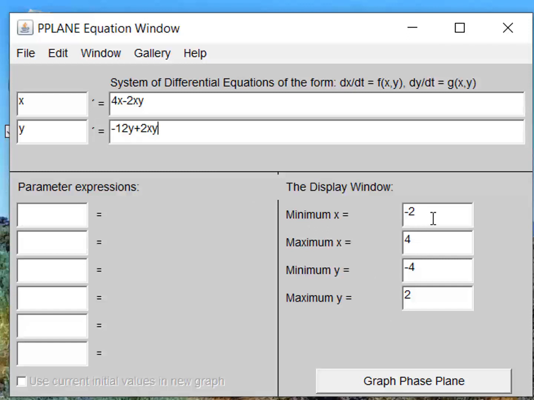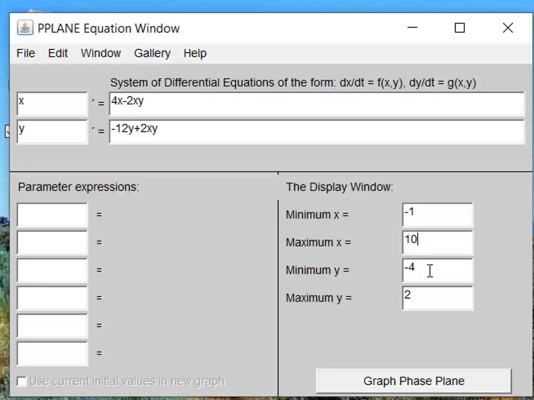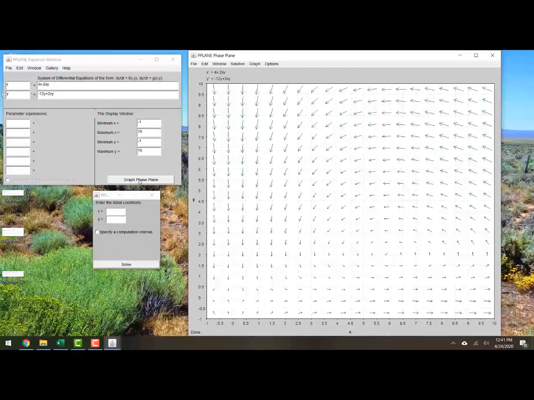Since we're only really interested in when x and y are positive for this predator-prey, let's just do a window that goes from -1 up to, say, 10, and then y will be -1 up to 10 as well. Let's say graph phase plane.